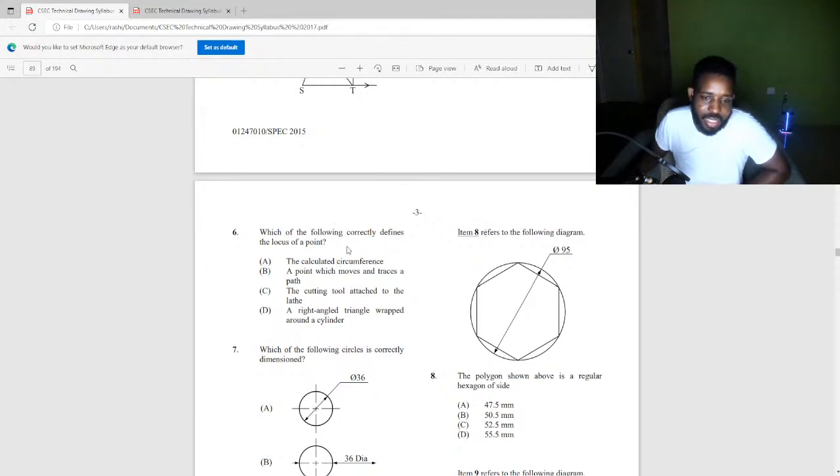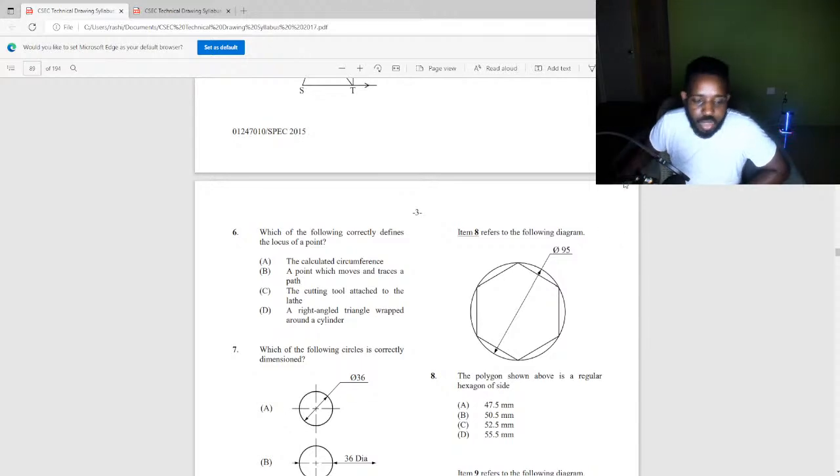For locus, loci, that would be things like your Archimedean spirals, your ellipses, hyperbolas, parabolas, and so on. Number 6 is B: a point which moves and traces a path. So your cycloids, epicycloids, hypocycloids, all of those things are loci.